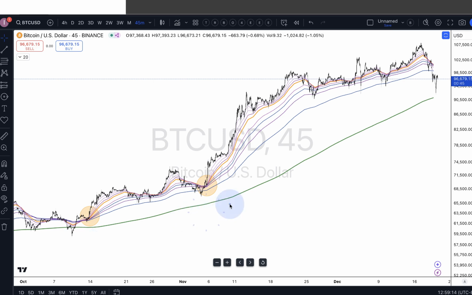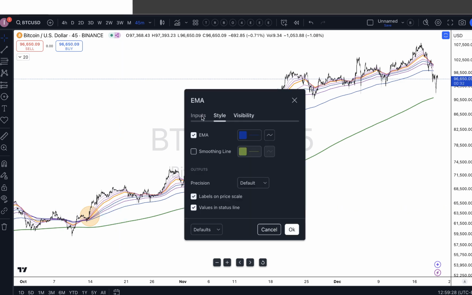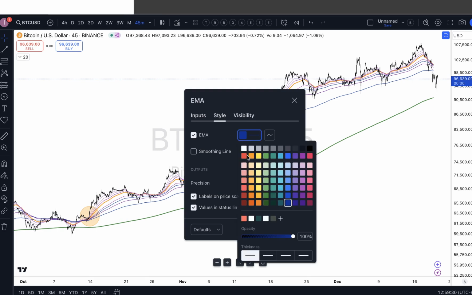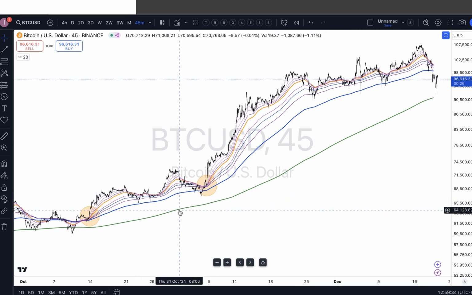You can see it gets much easier to identify an uptrend when it gets all the way up here. The other thing to remember: let me make the 21 a little more pronounced. There we go. So here is the 50 simple moving average, and we want the 21 EMA above the 50, check, which it is.